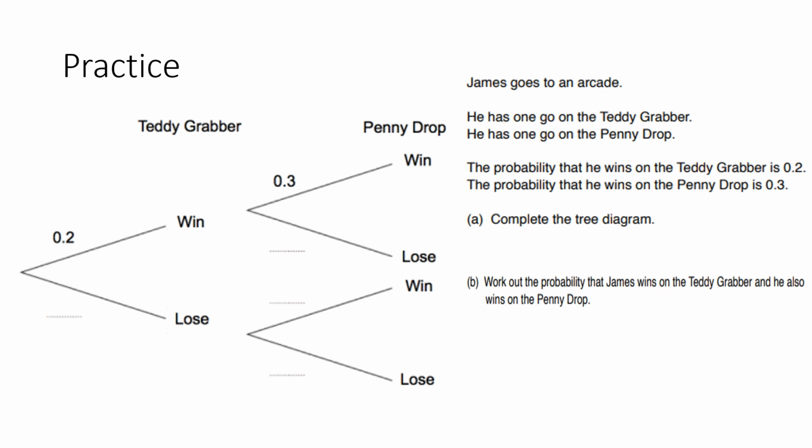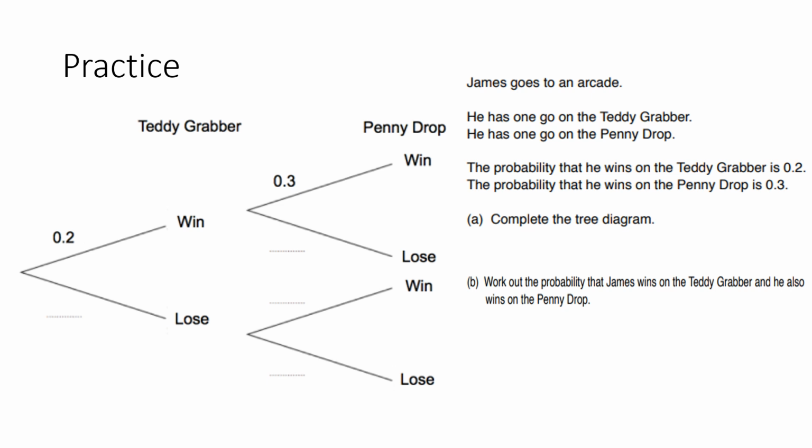So let's practice those skills. Here we've got a situation where James has gone to an arcade. He is playing first the teddy grabber one time, and then he's playing one go on the penny drop. The probability that he wins on the teddy grabber is 0.2, which has been placed on the tree diagram for you, while the probability that he wins on the penny drop is 0.3, which again has been marked once on the diagram for you.